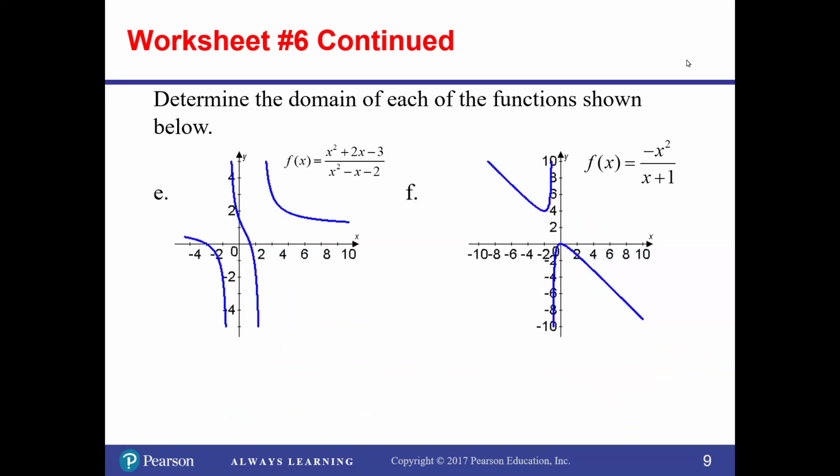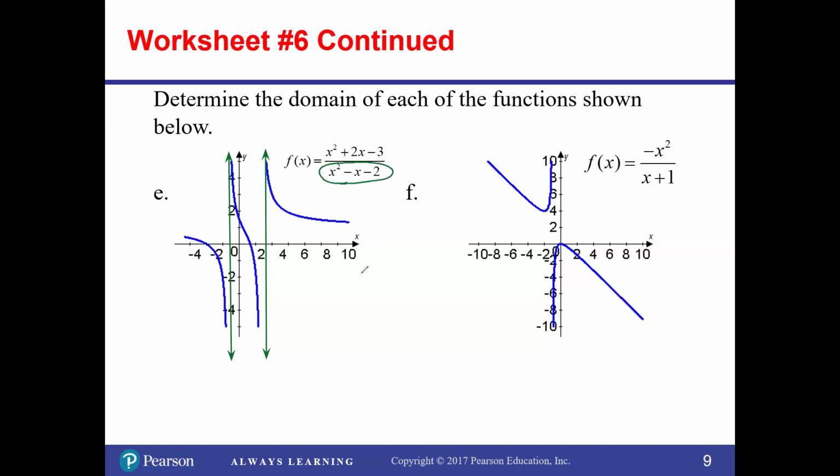And then for these last ones, once again, if we're going to make a guess, it looks like maybe about at -1 here, and maybe somewhere in here. It looks like two places that I'm missing a function value. But like I said, the graphs aren't the best way to figure that out.